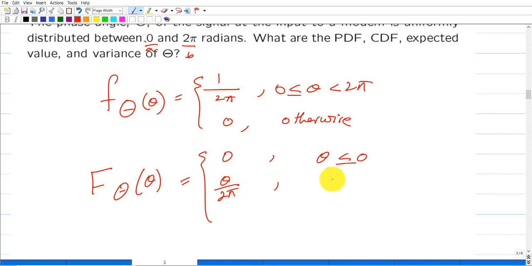This is in the range of theta greater than 0 and less than or equal to 2 pi, and that would be 1 for theta greater than 2 pi.